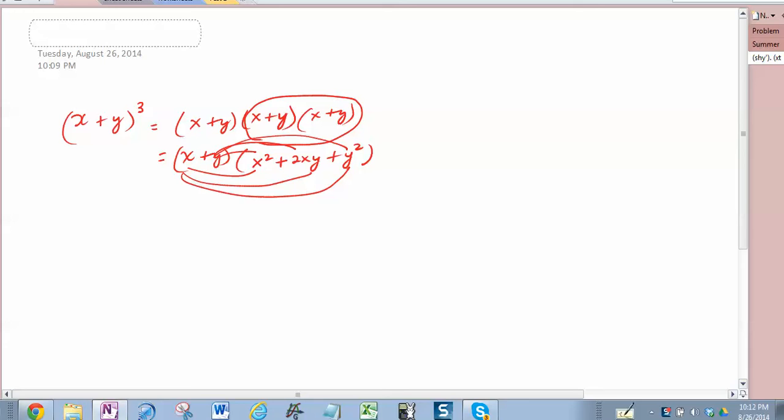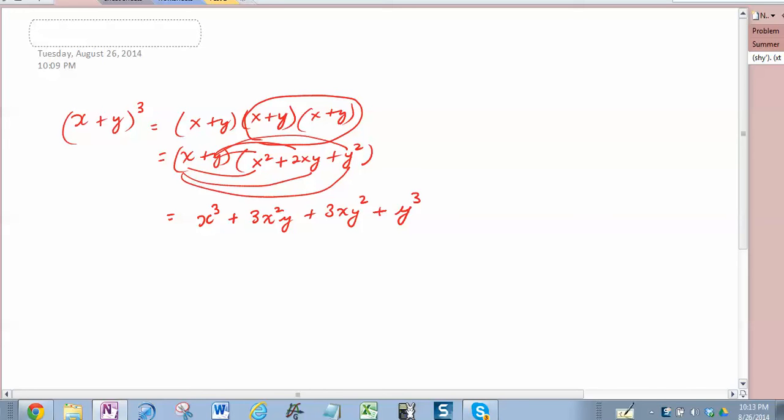I'll get a total of 6 terms when I do that, but in fact those 6 terms will simplify to give me a total of 4 terms: x cubed plus 3x squared y plus 3x y squared plus y cubed. Hey presto, we are done.